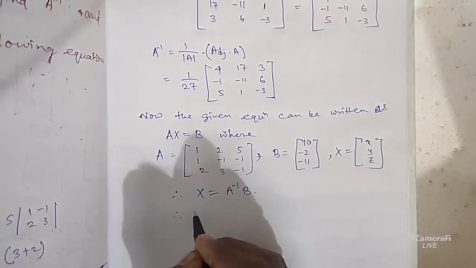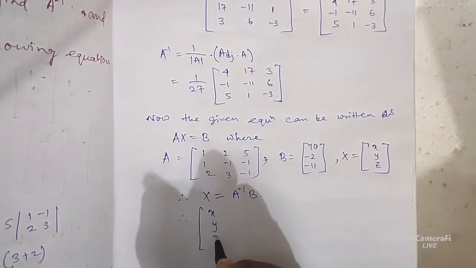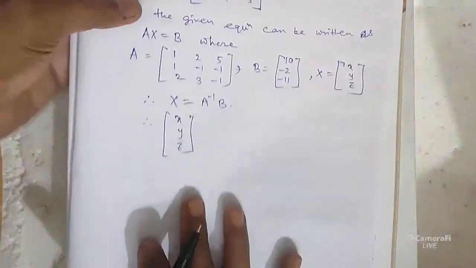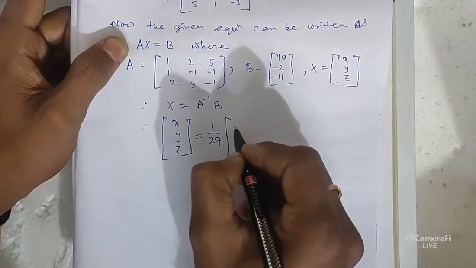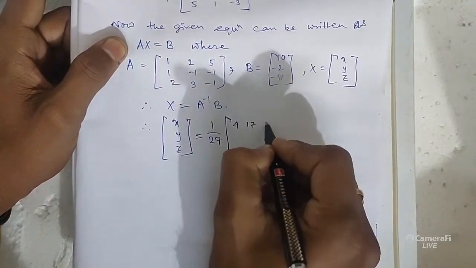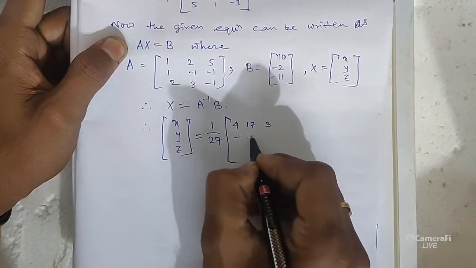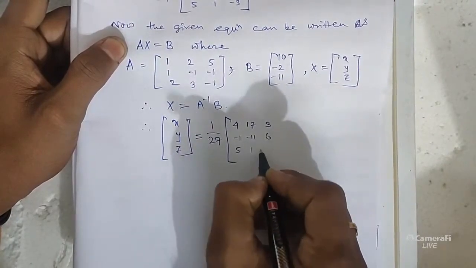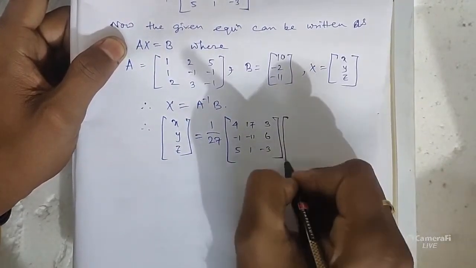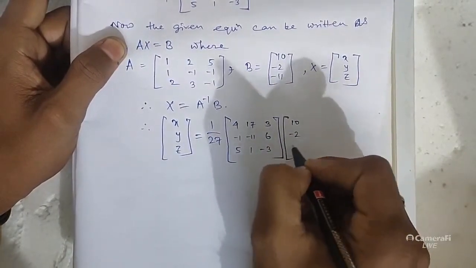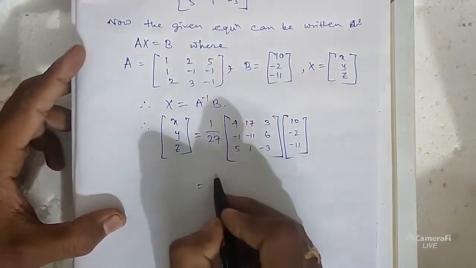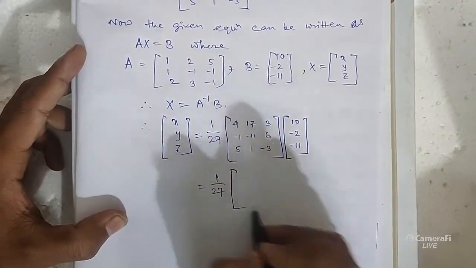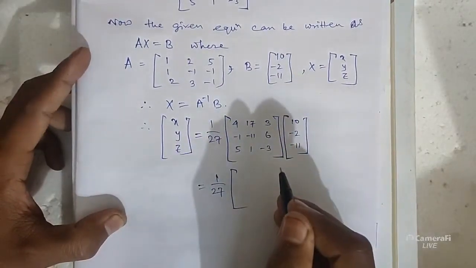Therefore X, meaning x y z, equals 1 by 27 into the matrix [4 17 3; -1 -11 6; 5 1 -3] into [10; -2; -11]. Now we can multiply by 1 by 27. Here if you multiply, what will you get?